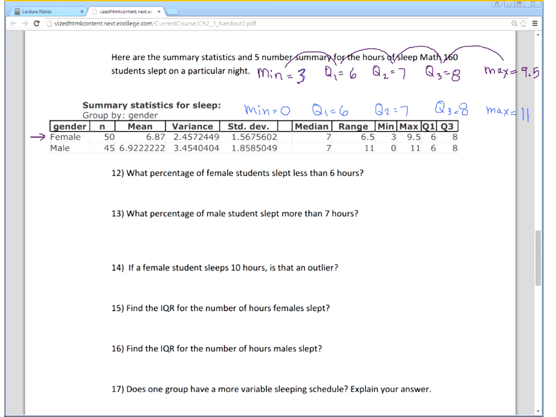And the same thing with the males. Okay, so 25% from the minimum to the first quartile, 25% from the first quartile to the second, which is the median, 25% from the second quartile to the third, and then from the third to the maximum.